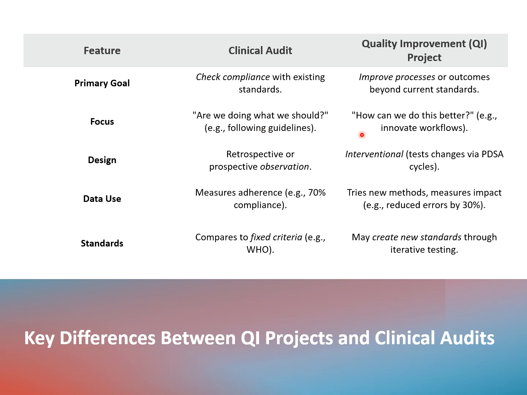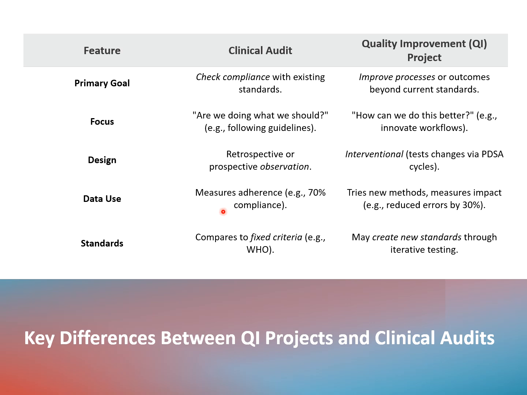And in QI, how can we do this better, for example, with some innovative workflows. The design in this case is retrospective or prospective observation, while QI projects are interventional. They test changes via the PDSA cycle that we have already discussed: plan, do, study, and act.